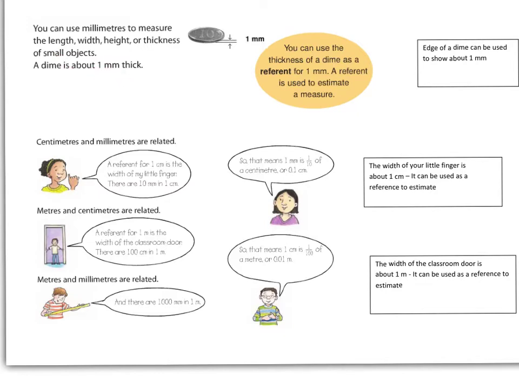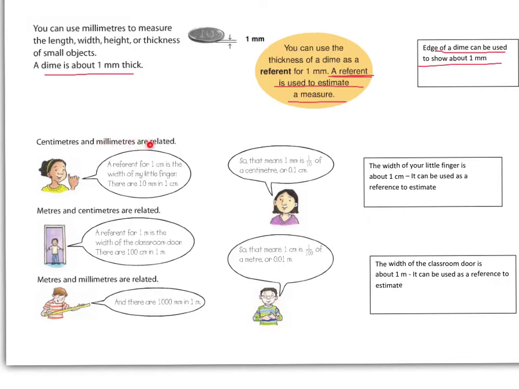That makes the thickness of the dime, this part here, a good referent. A referent is something that is used to estimate a measurement. So the edge of a dime can be used to show approximately 1 millimeter. It is a good referent for a millimeter.